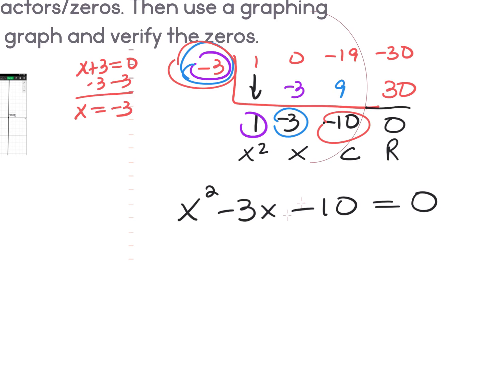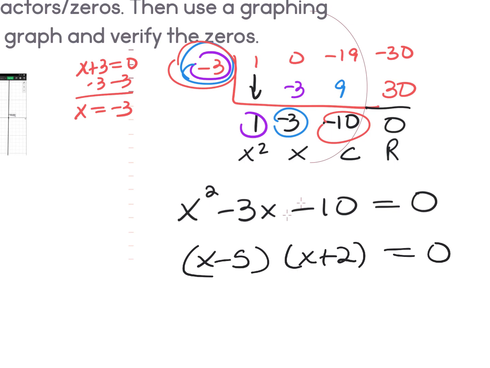This is factorable. Factoring for me is the fastest way. If you're still struggling with factoring, use quadratic formula by all means. If it can't be factored, you have to use quadratic formula or completing the square. So this will factor into x minus 5 and x plus 2.